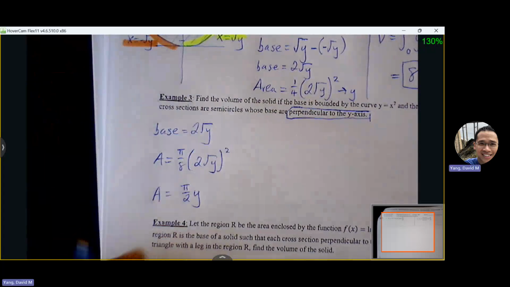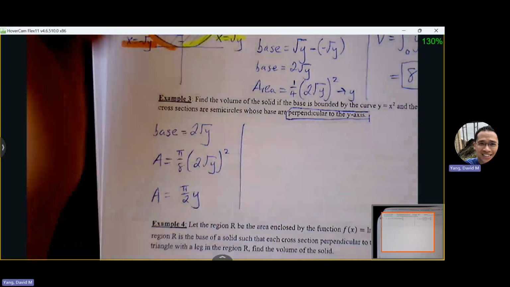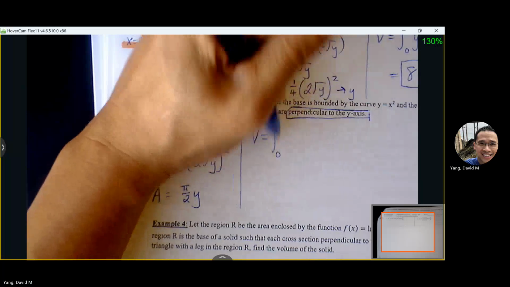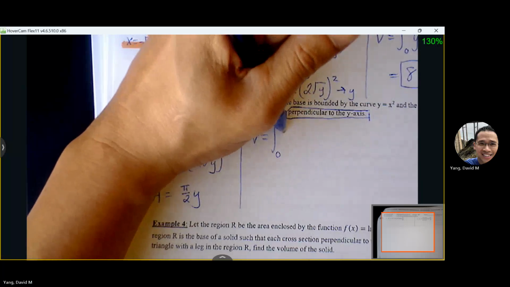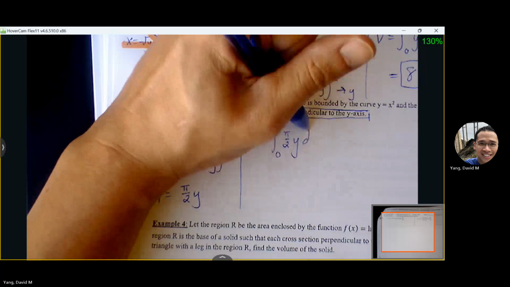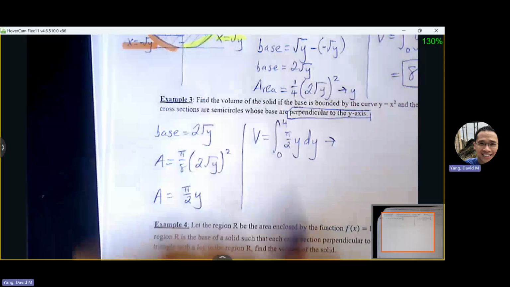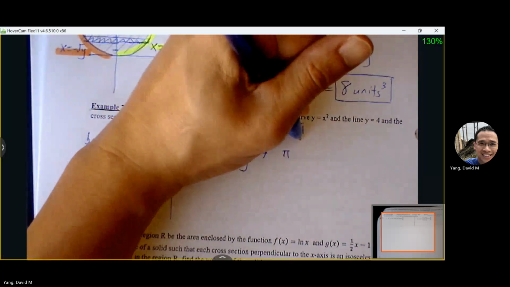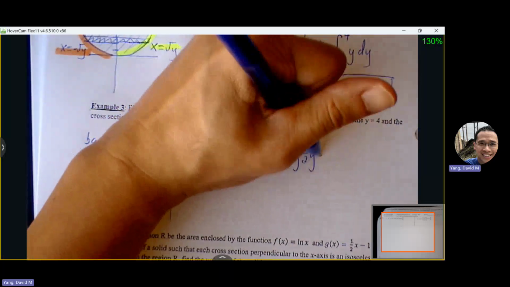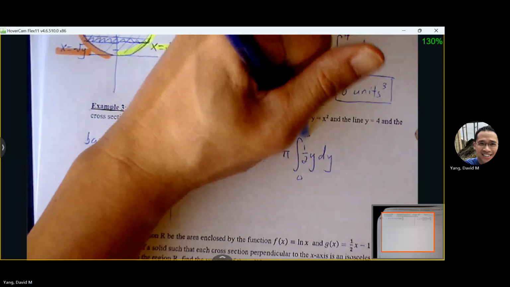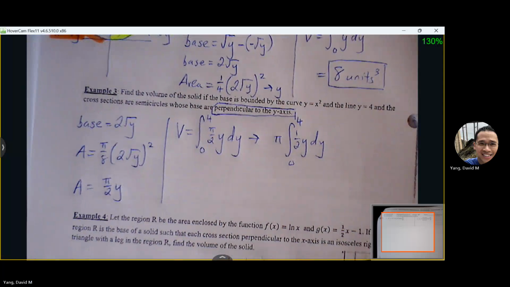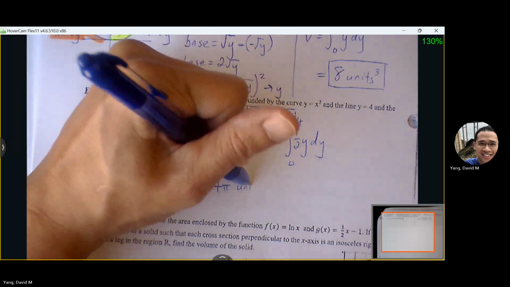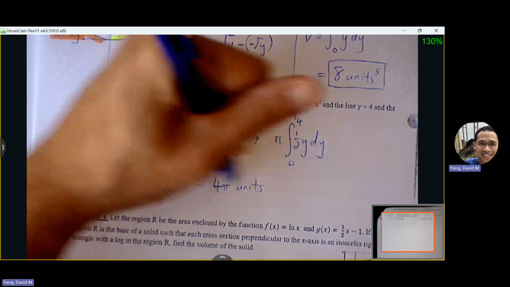So 1/2 pi y. I can just surround my area with integral notation and dy. Again, leave pi out of your calculator. You want to do it this way. And that will give us 4 pi cubic units in your calculator, or you can work it out by hand.